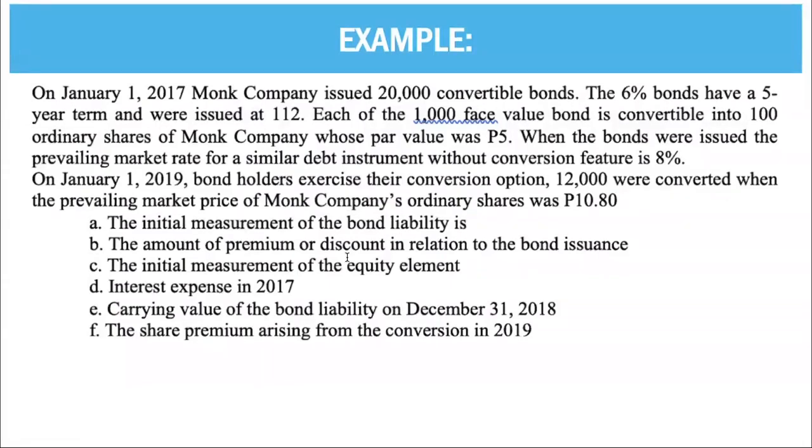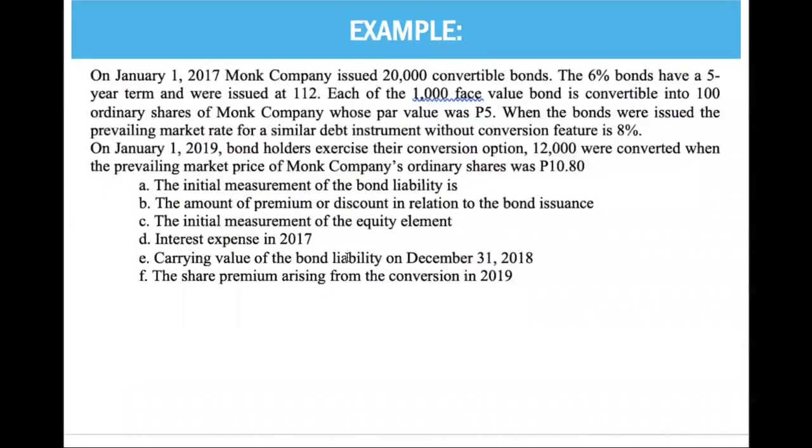Okay, so first is split accounting. In getting your equity, it is the issue price less the present value of your liability. So what is our issue price? The 20,000 convertible bonds with 1,000 face value were issued at 112. So this is 20,000 multiplied by 1,000 face value multiplied by 112%.